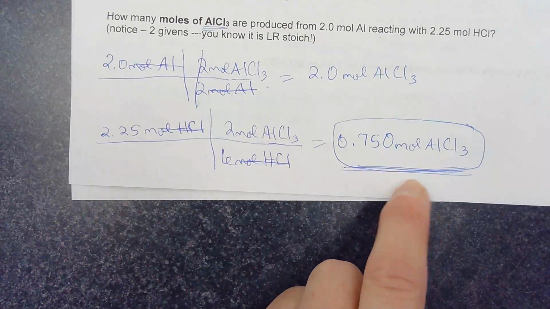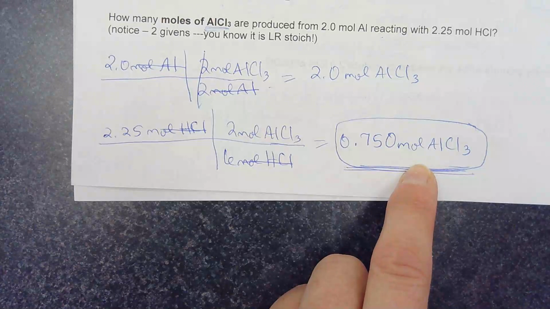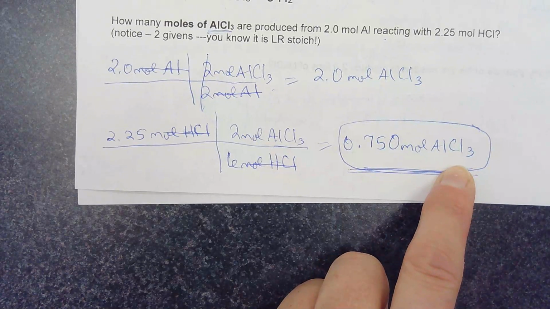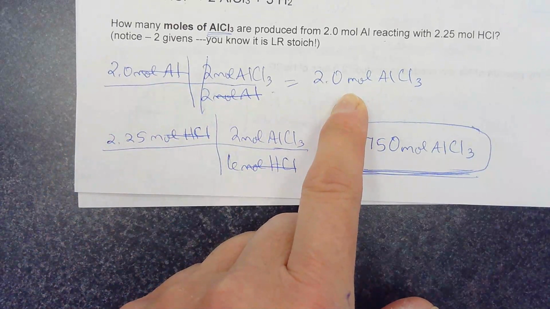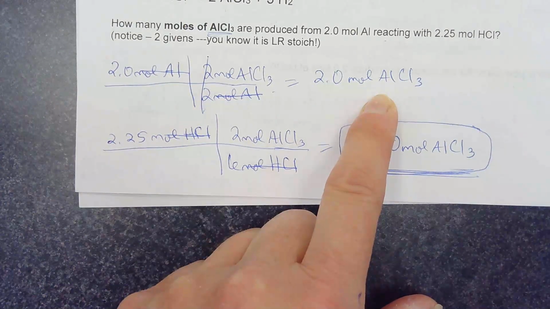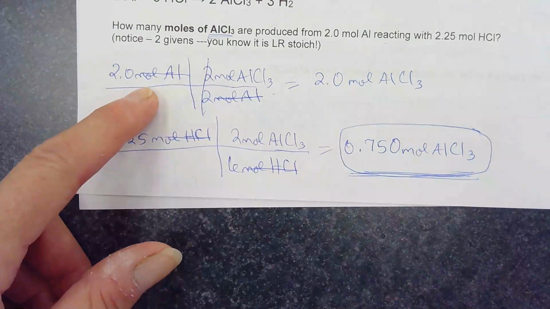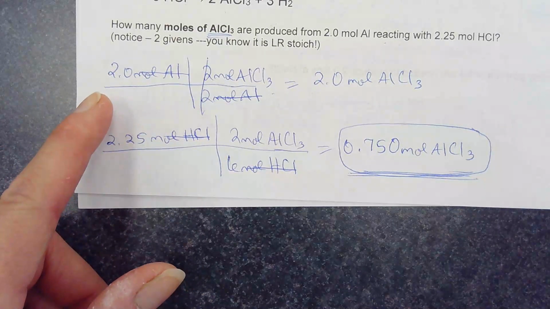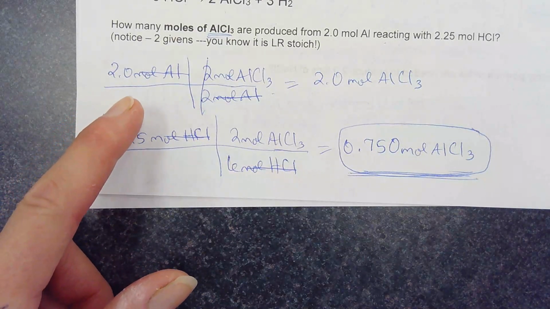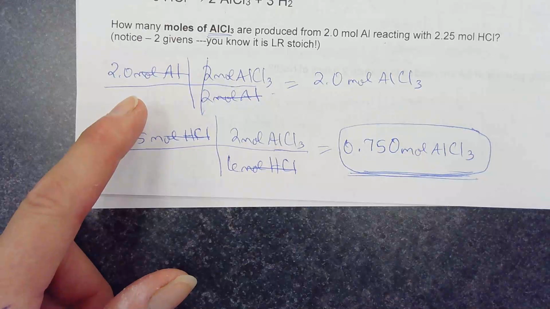You only are going to be producing 0.75 moles of aluminum chloride. But you had enough aluminum to produce what? 2 moles of aluminum chloride. Does that make sense? So you have quite a bit of excess aluminum, which means could you add more hydrochloric acid and it keep reacting? Yes. Does that make sense?